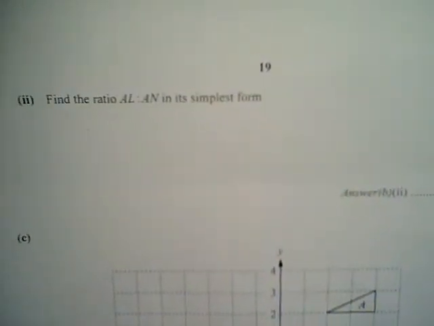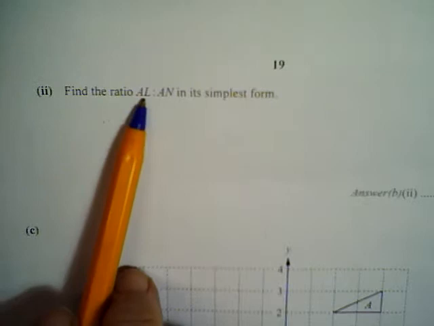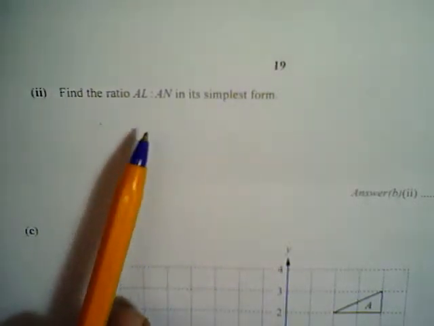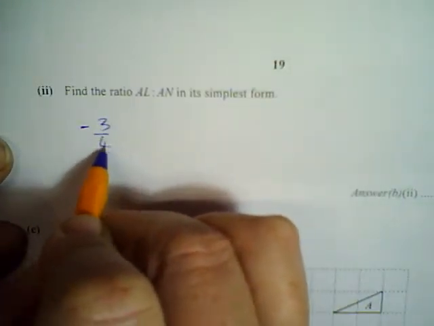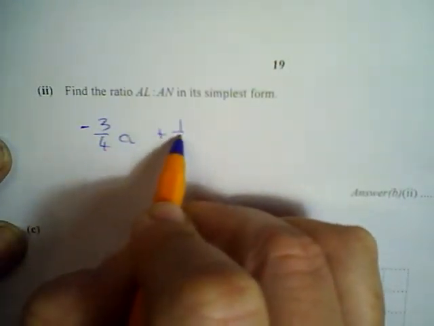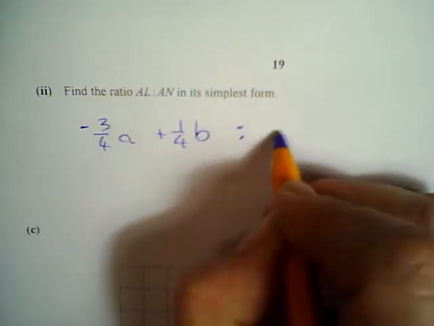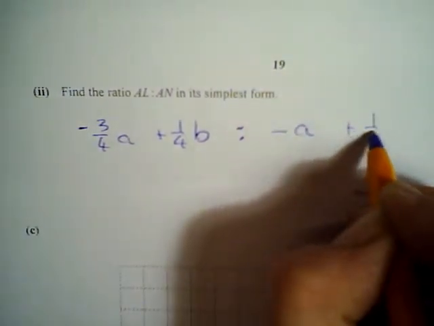Let's move on to the next one. And we are nearly done with this. We're on the last page. They ask us to find the ratio AL and AN in its simplest form. So AL we know is negative 3/4 A plus a quarter B, compared to this ratio here, which was negative A plus a third.